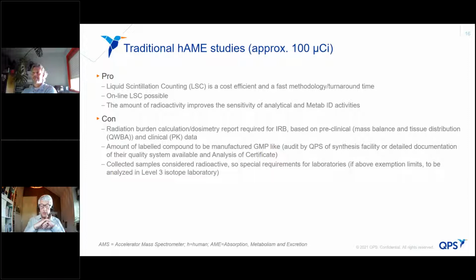On the contrary, radiation burden calculation is required and requires a dosimetry report. Amount of labeled compounds to be manufactured should be GMP or GMP-like, and collected samples are considered to be radioactive.